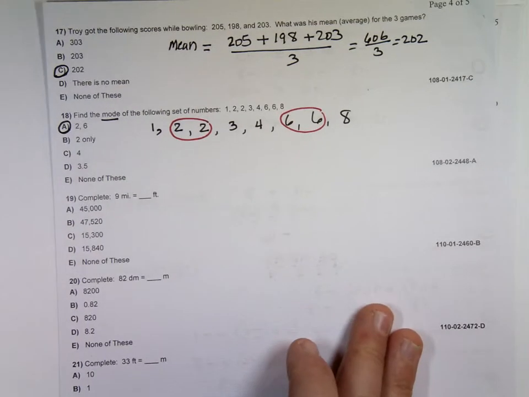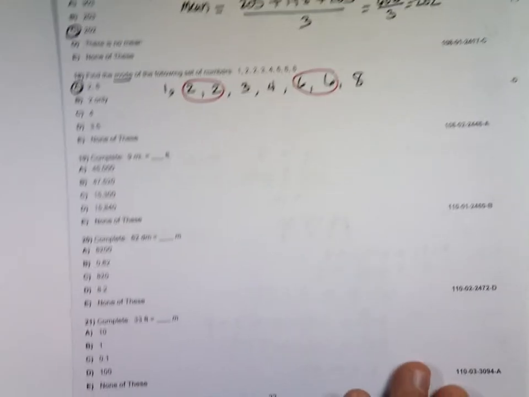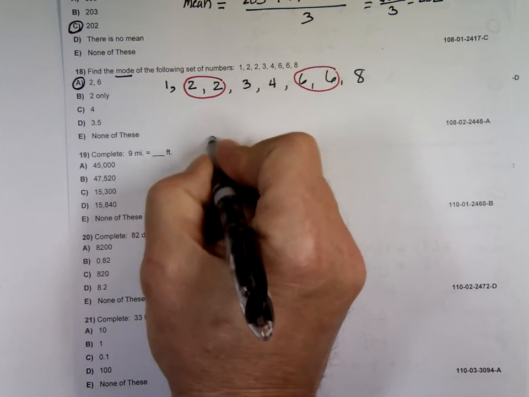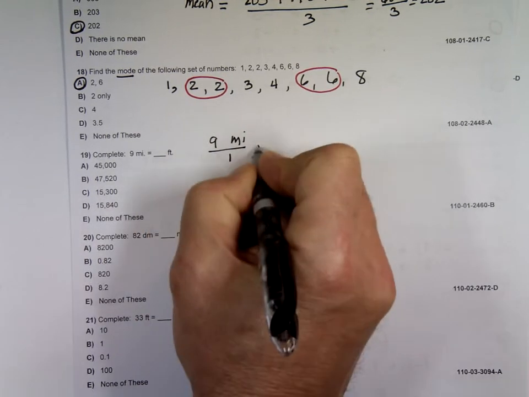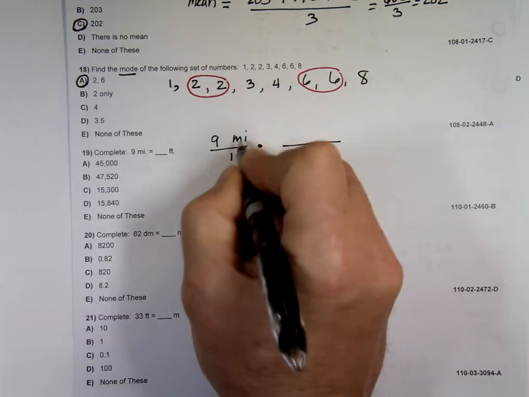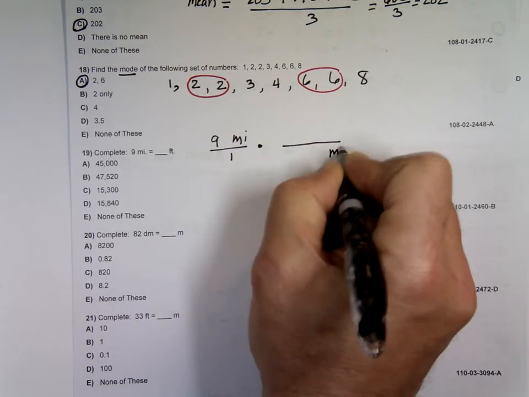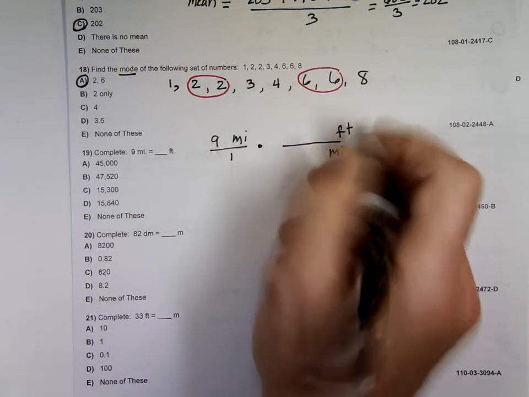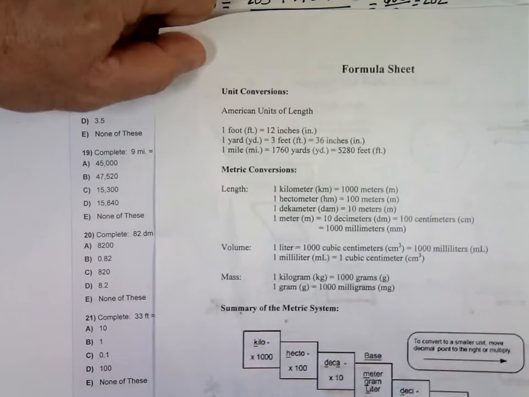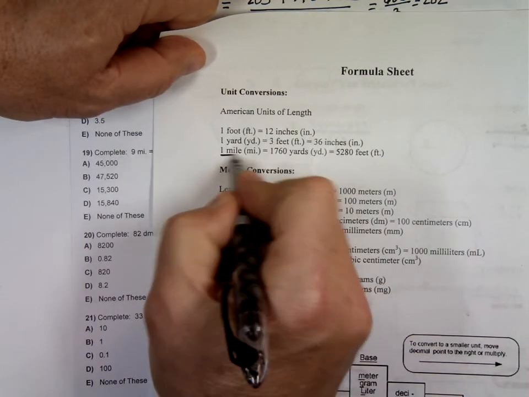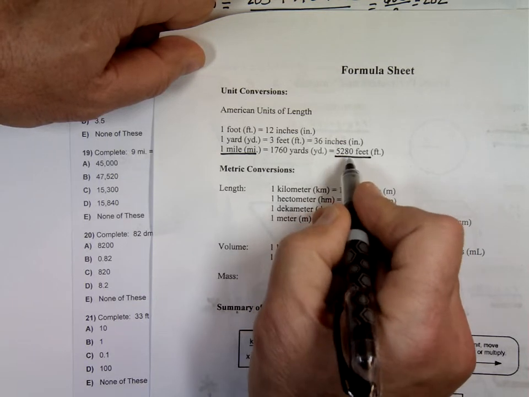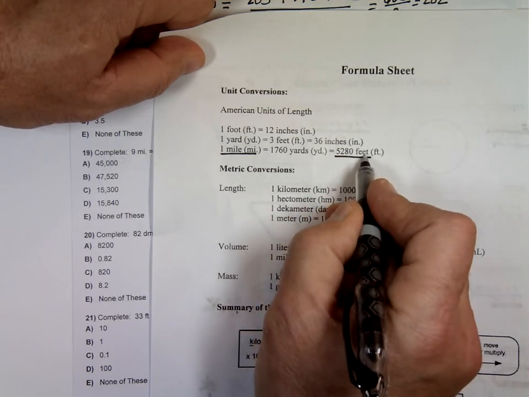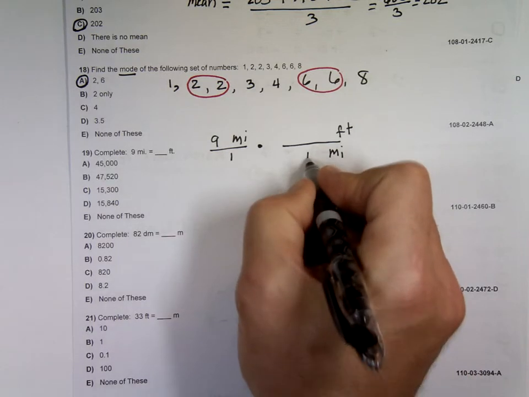So let's see. Convert 9 miles to feet. So 9 miles, we're going to make it over 1. I'm always going to multiply. Since miles is on the top, I want miles on the bottom, feet on the top. And I'm going to look at my cheat sheet here. It says 1 mile has how many feet? 5,280 feet. 1 mile has 5,280 feet.